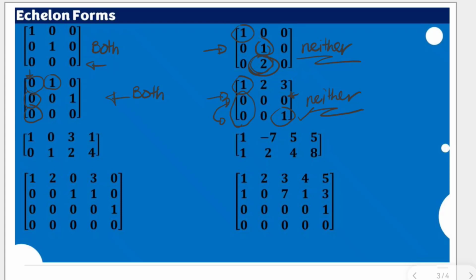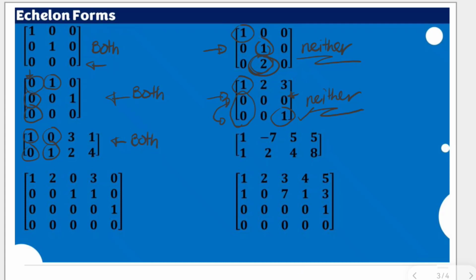Here, for this 2 by 4 matrix, meaning there are 2 rows and 4 columns, we have a leading 1. Below it, we have 0. The next row, we also have a leading 1, and the entry above it is also 0. This is an example of both row echelon and reduced row echelon form.